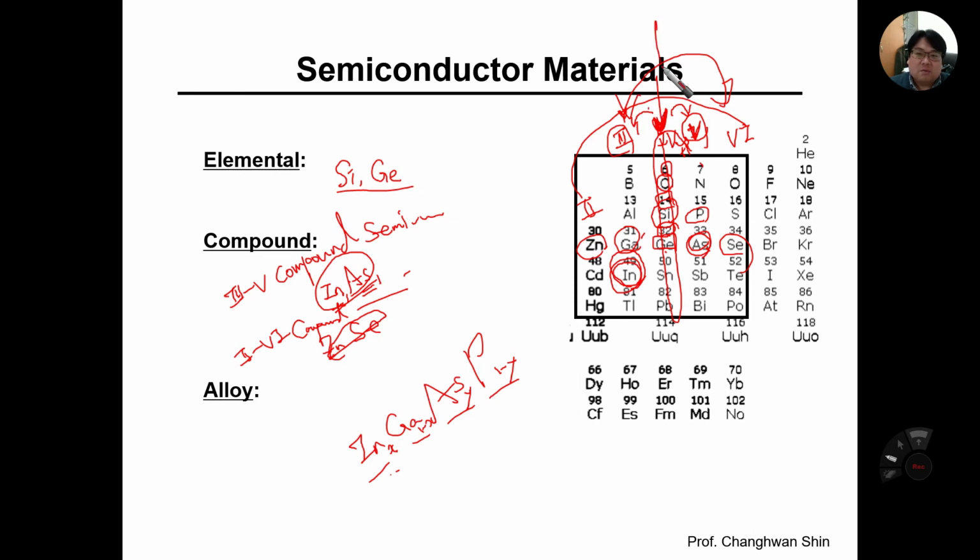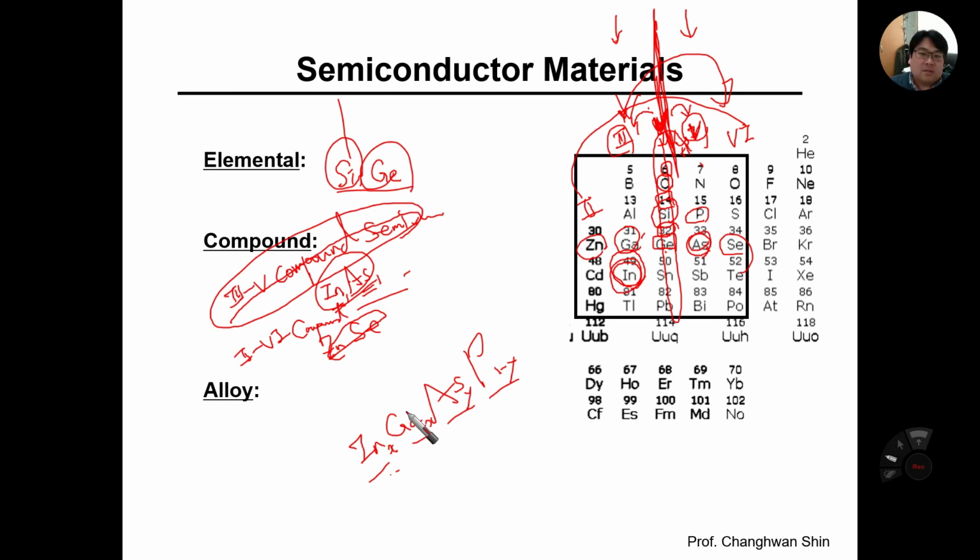So column 4 is the reference, and once you choose your atom from column 3, the next atom you should choose should be from column 5 instead of column 6, 7, 8, and so on. That's why, when you read a research paper where someone is studying compound semiconductors, they say this is 3-5, this is 2-6, right? Always column 4, in which silicon and germanium are marked.